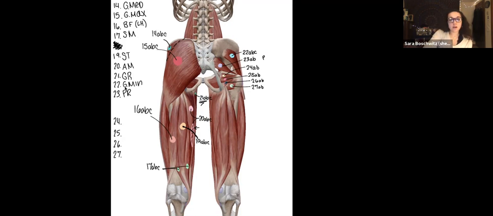Number 24 is going to be the superior gemellus. That's also going to assist with lateral rotation and abduction. Next, we have obturator internus. Again, lateral rotation and abduction.